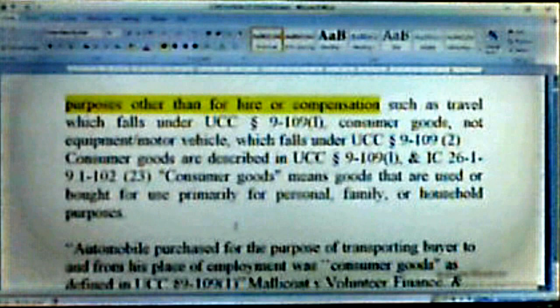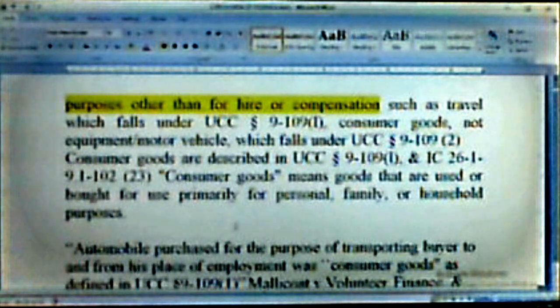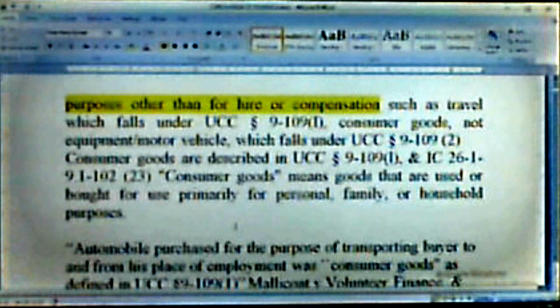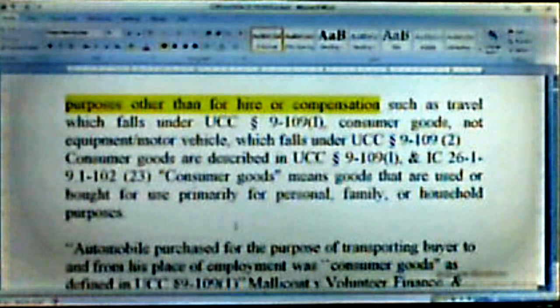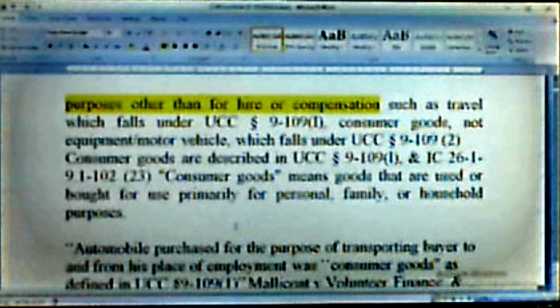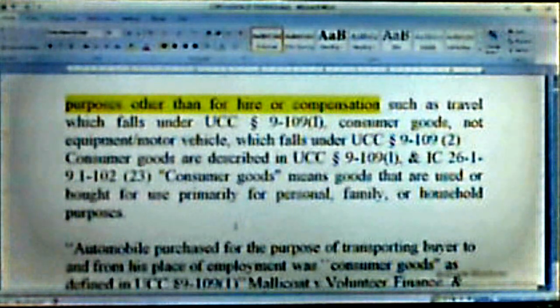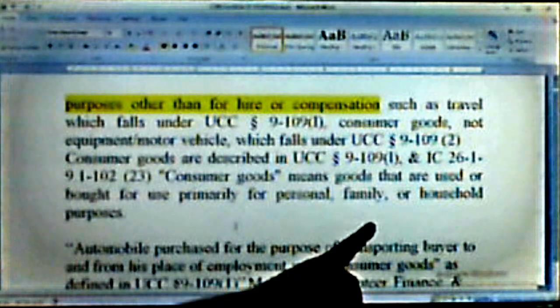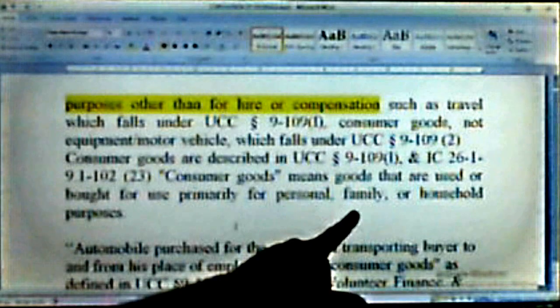Consumer goods are described in the UCC and in IC 26-1-9.1-102, subsection 23. Right? And it says consumer goods means goods that are used or bought for use primarily for personal, family, or household purposes.